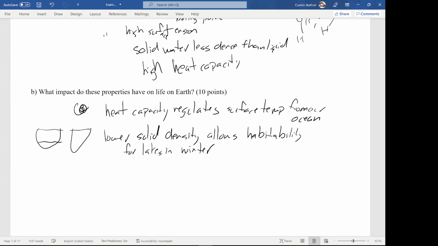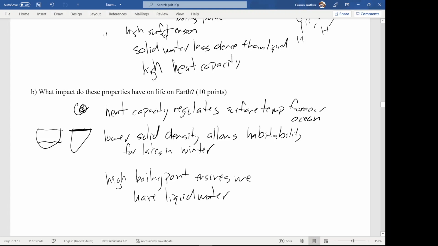But because it freezes from the top, that ice creates a nice insulation layer and makes it more likely that the body of water will remain mostly liquid. And the high boiling point ensures we have liquid water at our temperature.